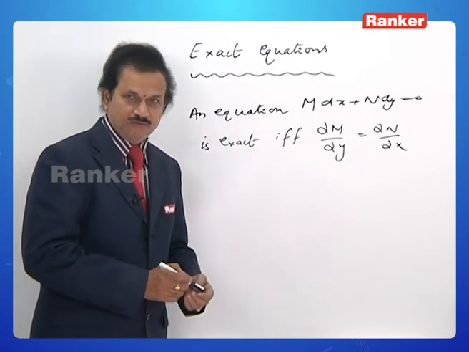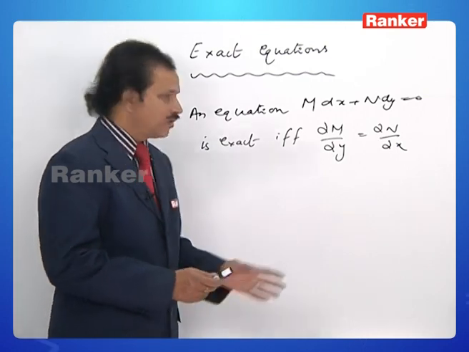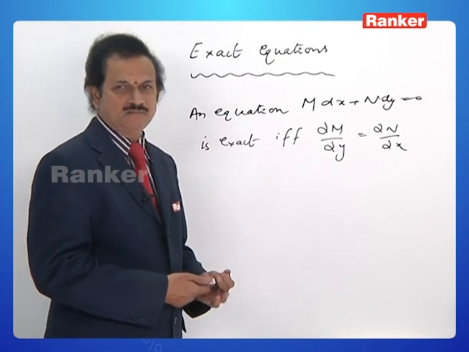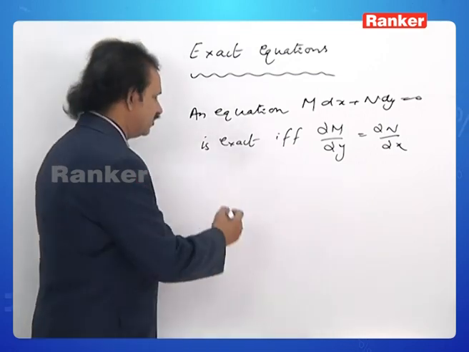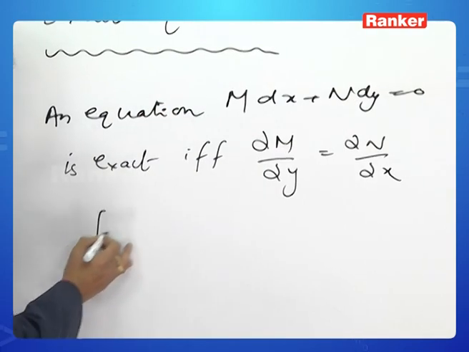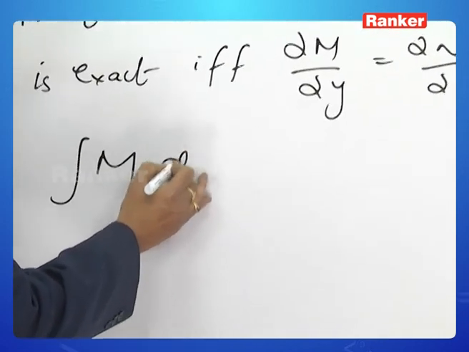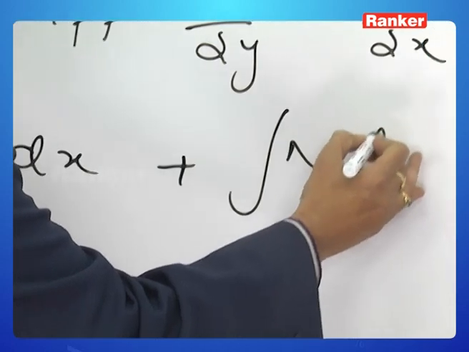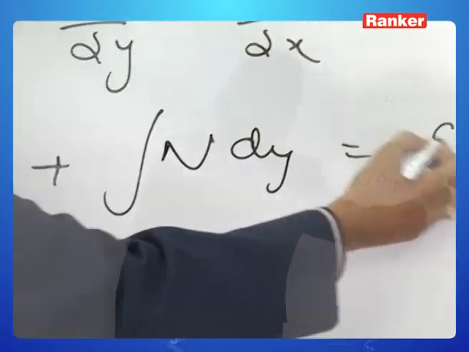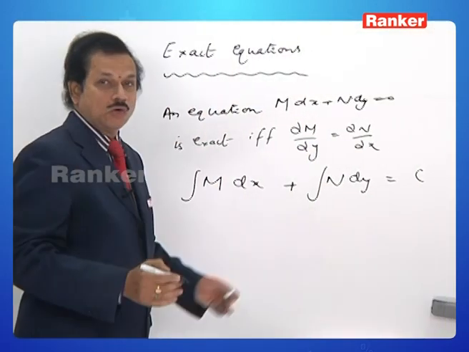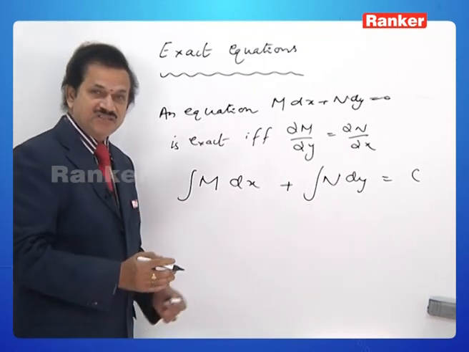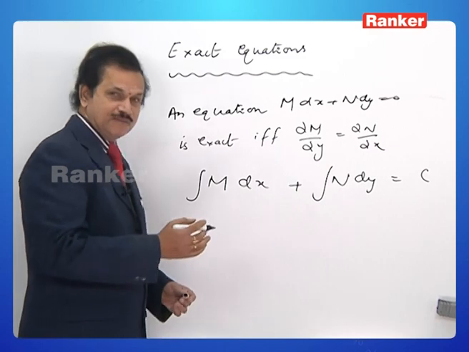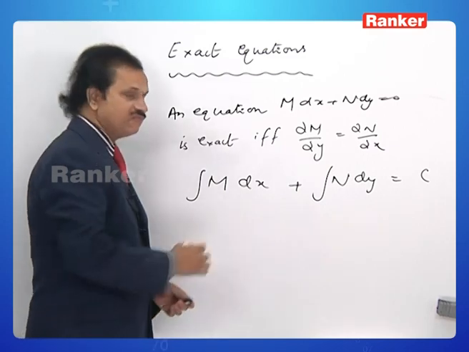We have decided that a particular given equation is exact. Then what about the solution? The solution is integral M dx plus integral N dy is equal to constant. Of course, some precautionary measures are to be taken while obtaining the solution using this formula.